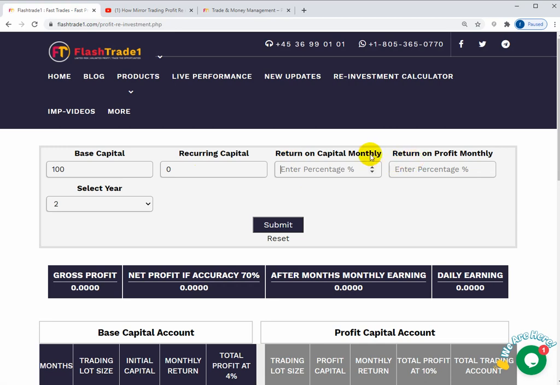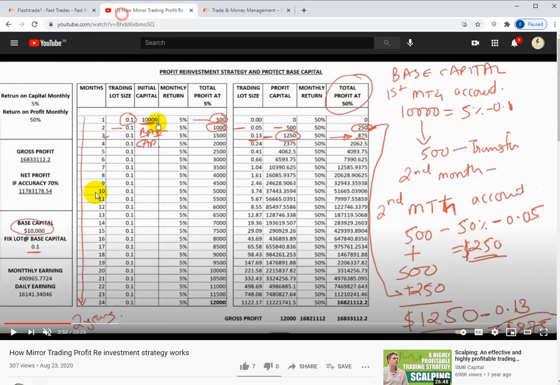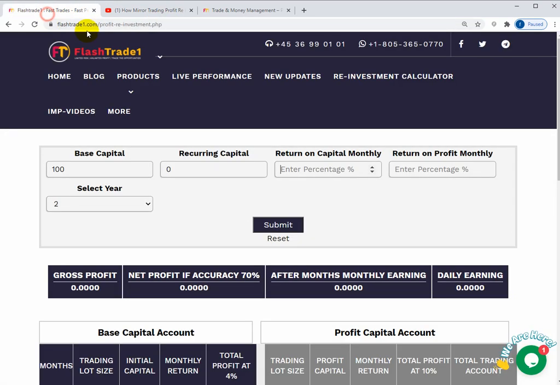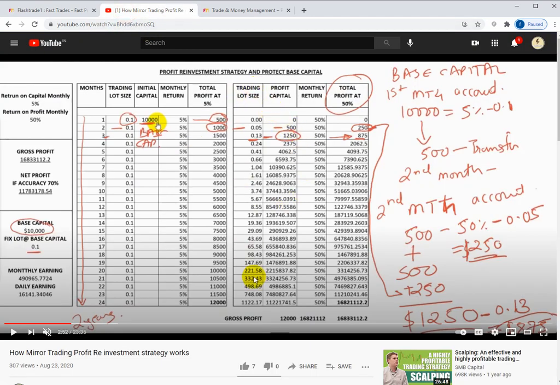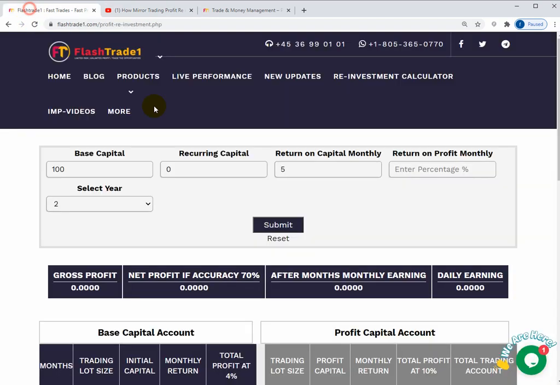Now return on capital means the return on this first MT4 account, we will choose 5%. Return on profit monthly means how much return you want on the profit every month. Here we have taken 50%, so I'll choose 50%.